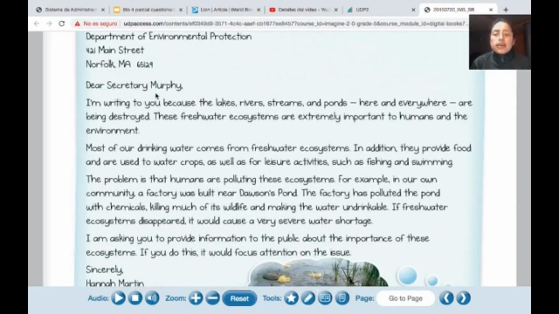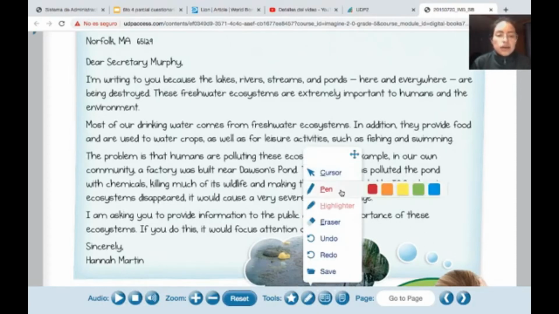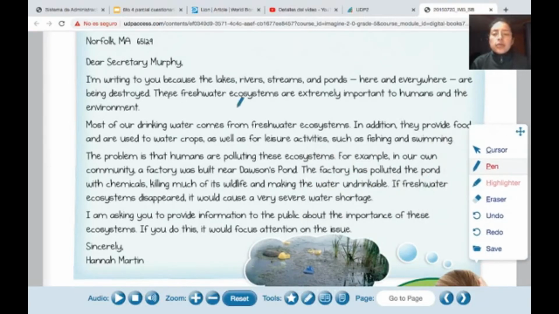Dear Secretary Murphy. Okay. I am writing to you because, in this part, Hannah is writing about the reason that she is writing the letter.